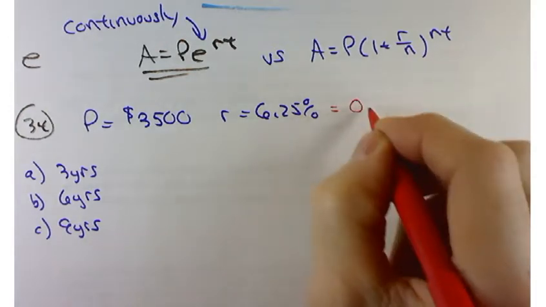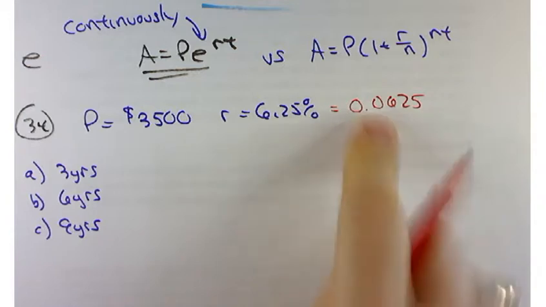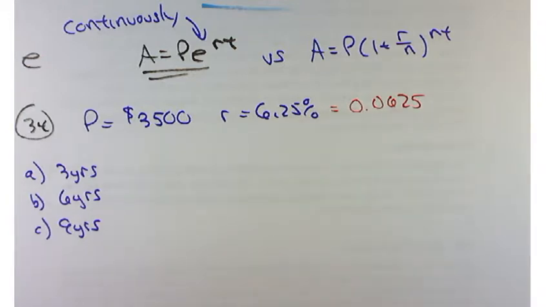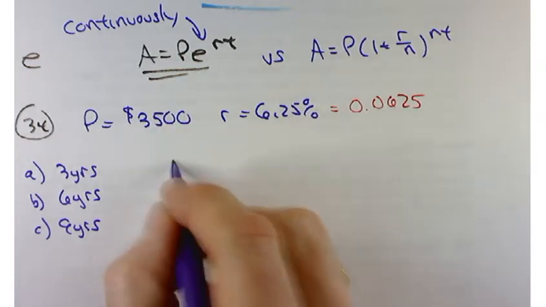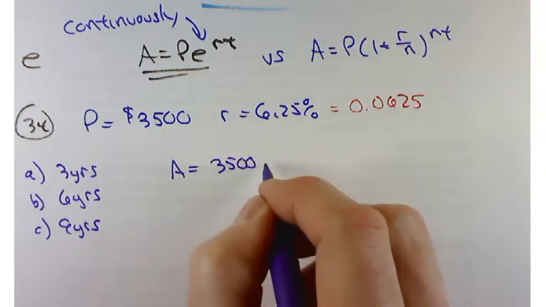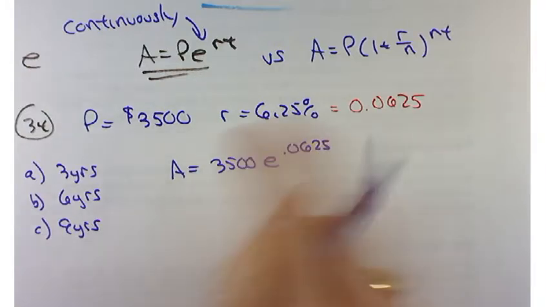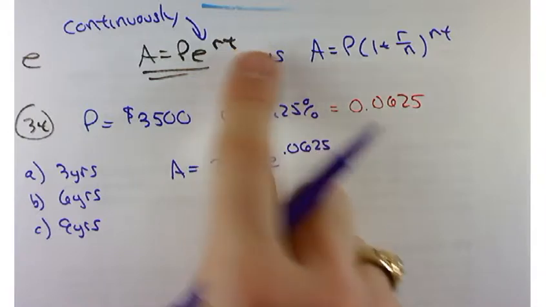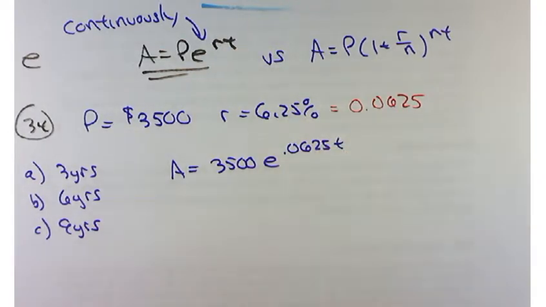Good, thank you. 0.0625. All right, so make sure you shift the decimal 2 places to the left. And from there, I'm going to plug it into this formula. So A equals 3,500 times e to the 0.0625 times time, which is just going to be a t, or an x is what we'll use when we put it into our graphing calculator.